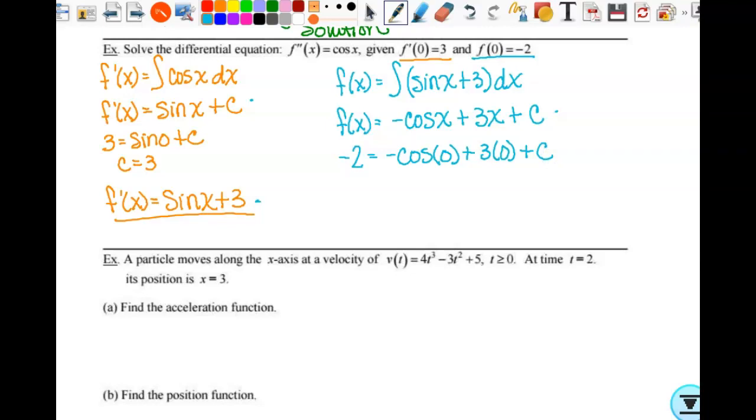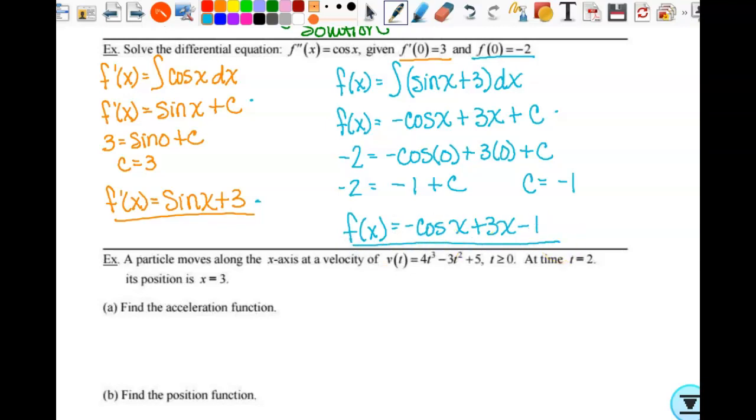What is cosine of 0? 1. And then since it's negative, that makes it a negative 1. This is 0 plus c. So that means that c equals what? Negative 1. So f of x is equal to negative cosine of x plus 3x minus 1.